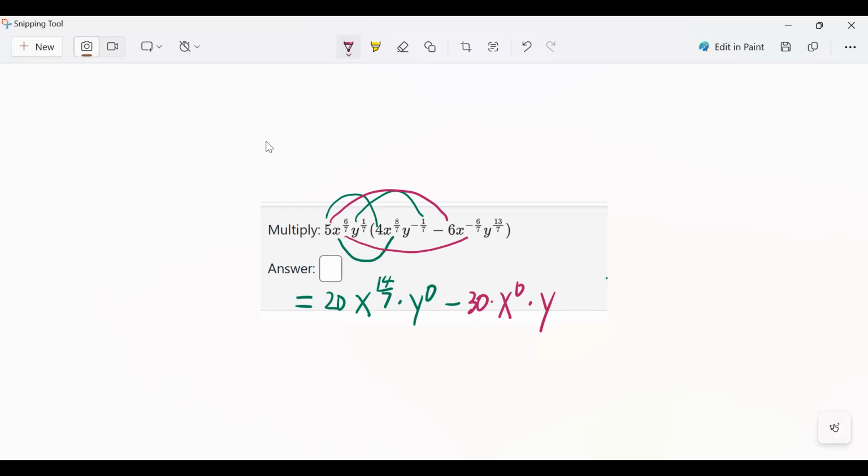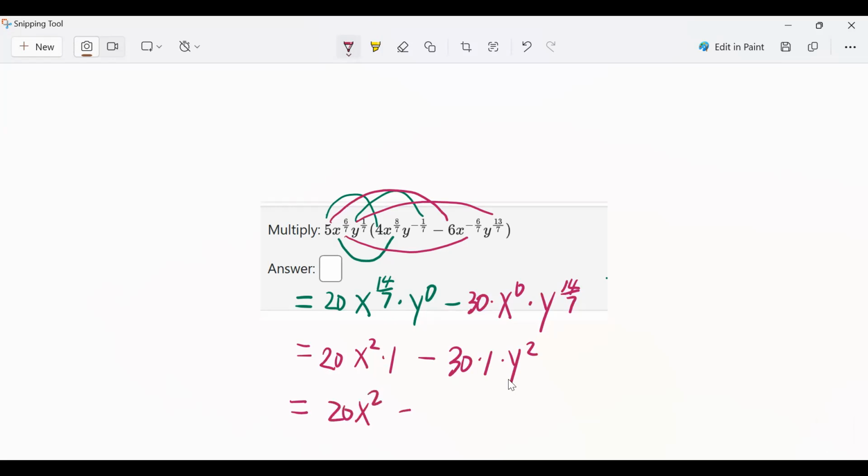And then for the y part, y to the 1/7 times y to the 13/7, adding them, you get 14/7. Then we simplify from there. So the answer is 20x squared minus 30y squared.